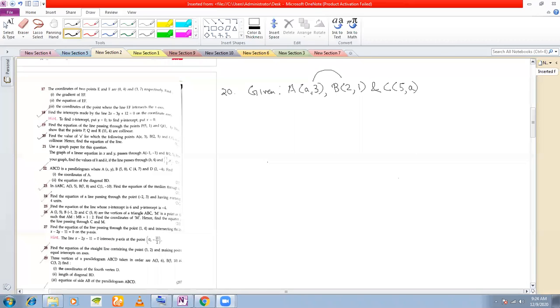Okay, so we need to find, 3 points are given. We need to find out such a value of a that these 3 points are collinear.